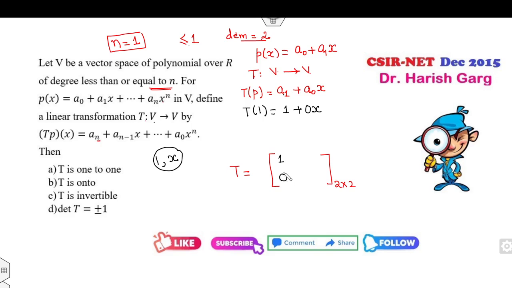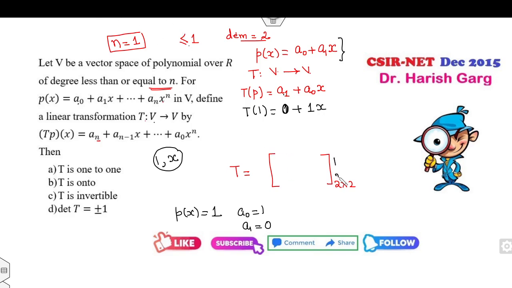Is it okay? Now P(x) is 1. So you can compare them. That means A0 is 1, A1 is 0. So this will be A1, which is 0, plus 1x.